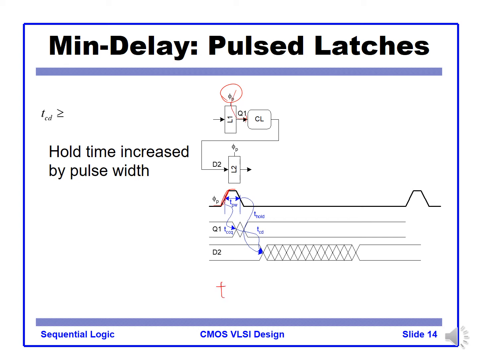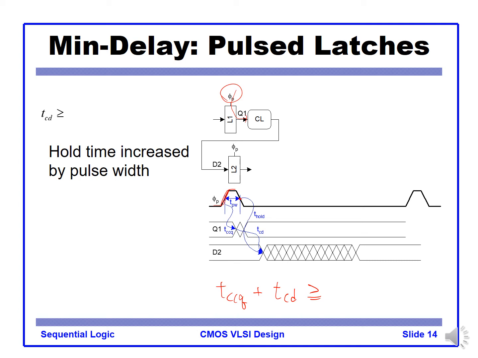So the clock to Q contains the fast clock to Q delay plus the minimum delay through the combination logic, that is the contamination delay. That one should be greater than or equal to the hold time requirement. Hold time is specified from the falling edge of the latch.